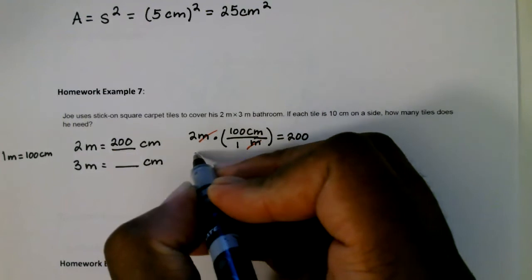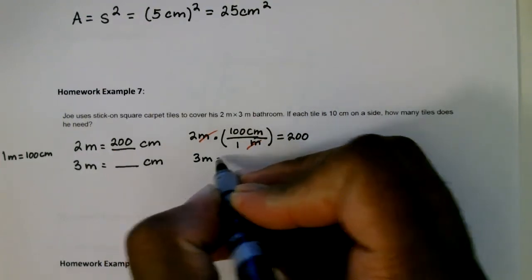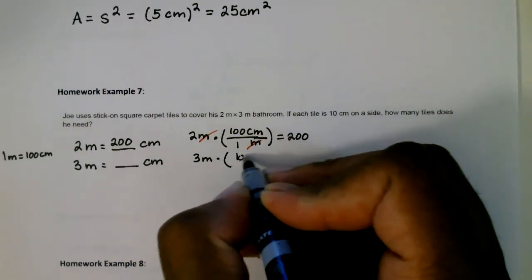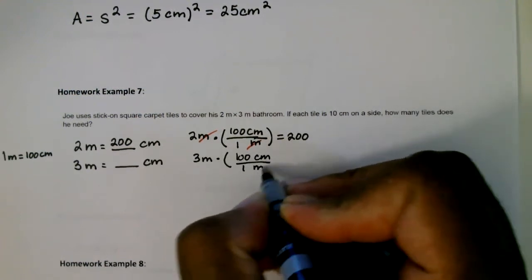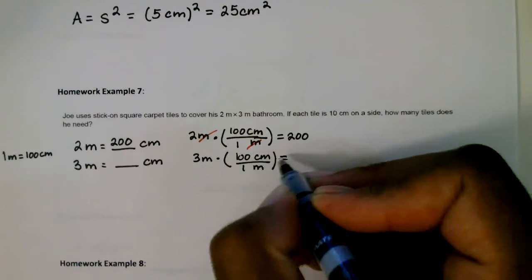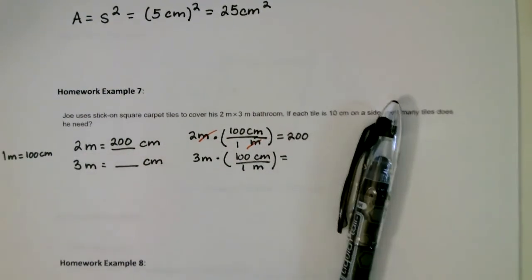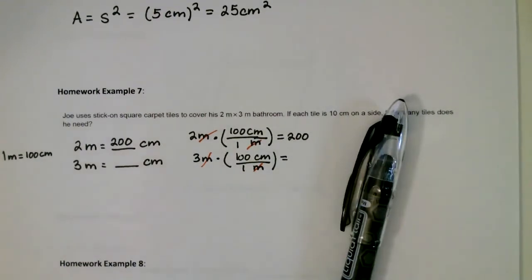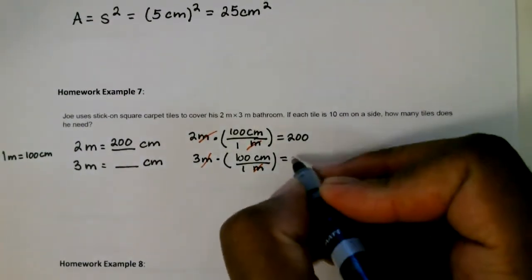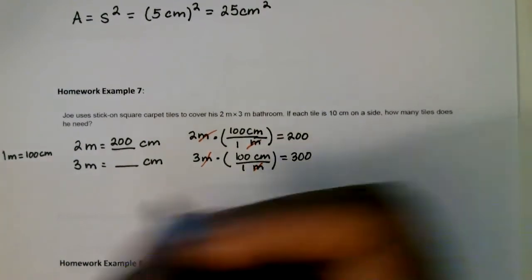And you can pretty much guess what 3 meters is going to be using the same dimensional analysis here. That's going to end up being 300 centimeters.